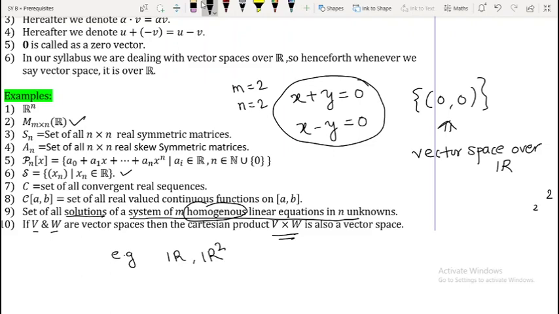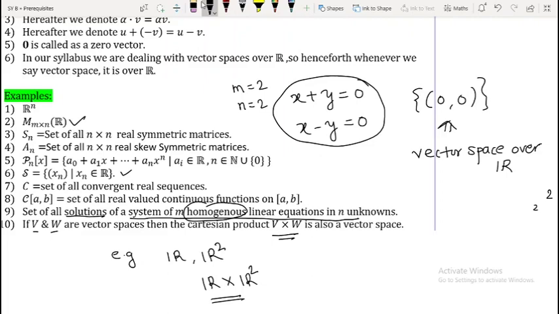So their Cartesian product, R cross R2, is also going to be a vector space. This we are going to study in detail later on. So this is all about examples of vector spaces.